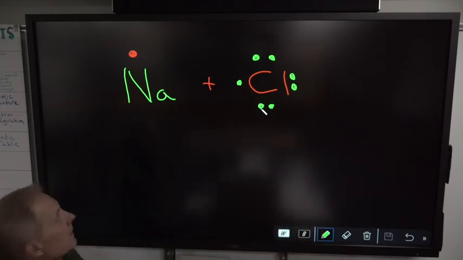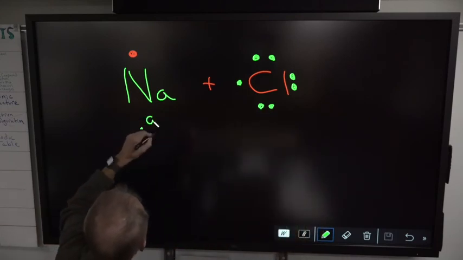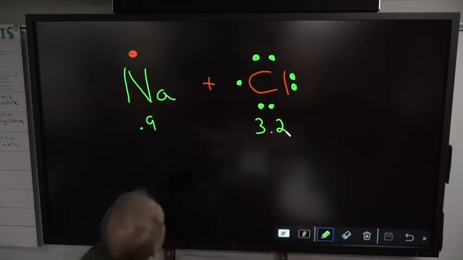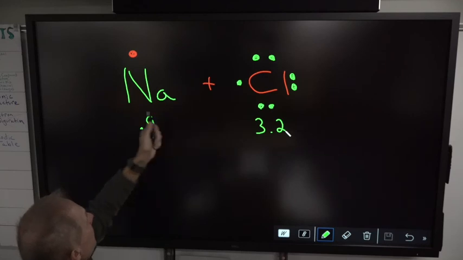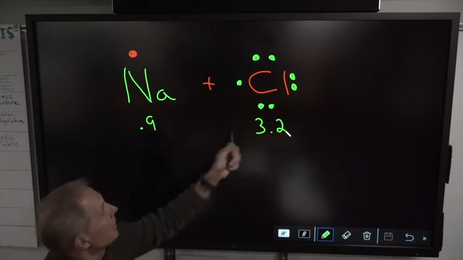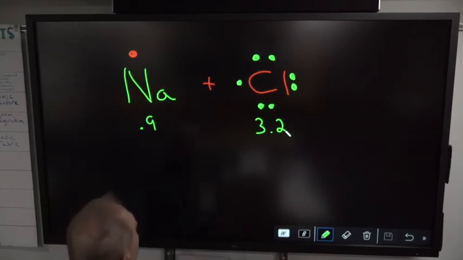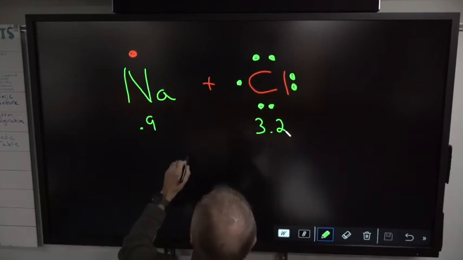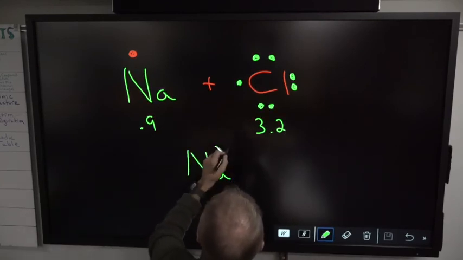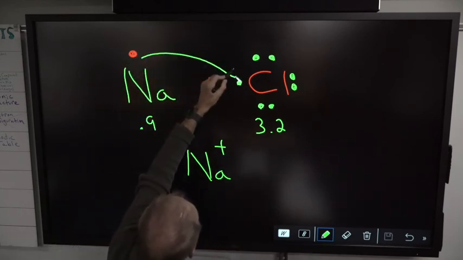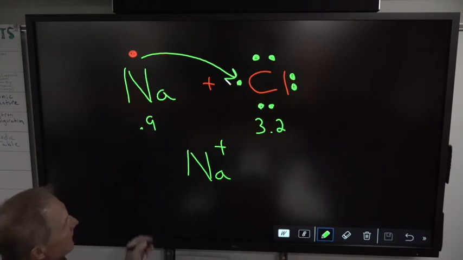And remember, this is 0.9 electronegativity, this is 3.2 electronegativity. So chlorine is much more electronegative than sodium, so that means chlorine is going to steal sodium's electron. So here's what it looks like. We have Na with a plus there because that electron is going to go right over here. So we have Na plus.